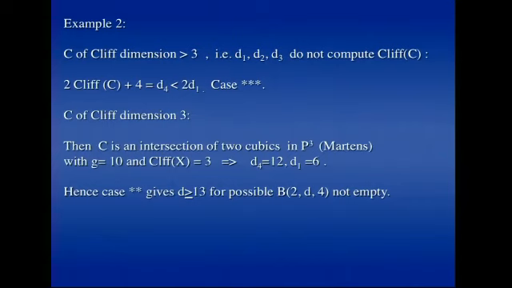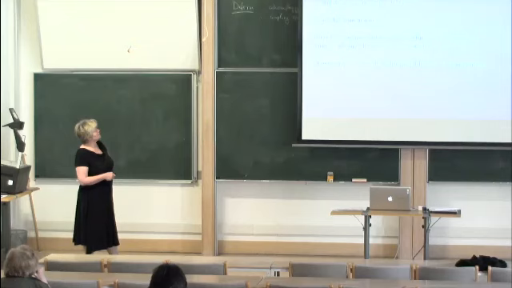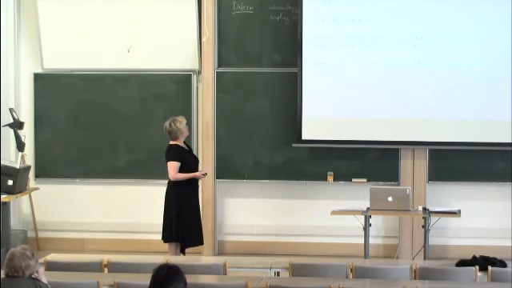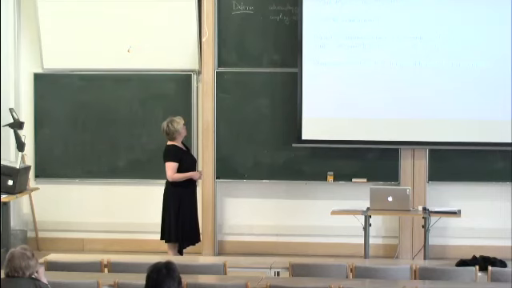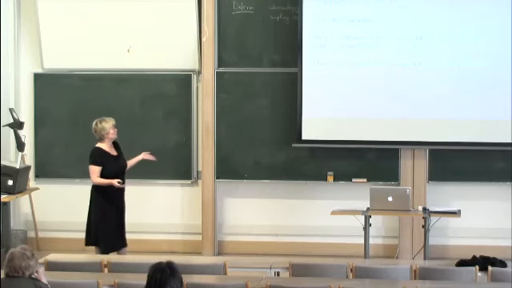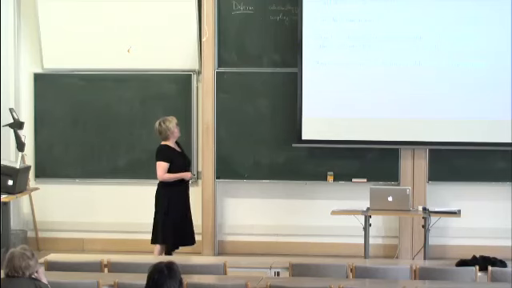Now, if C is of Clifford dimension 3, so D3 calculates that, then C can be embedded into P3, and it's an intersection of two cubics, and this was done by Martens a while ago.